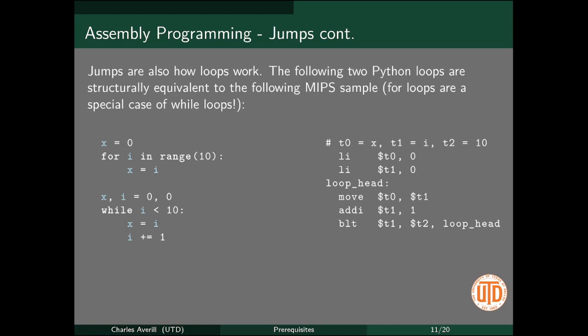So again, over here on the right, the register T0 contains the value for x, T1 contains the value for I, and T2 is going to be the value 10. The first thing we're going to do is load immediate. We're going to load the value 0 into both x and I. For x, that's pretty obvious on both the for and the while loop.